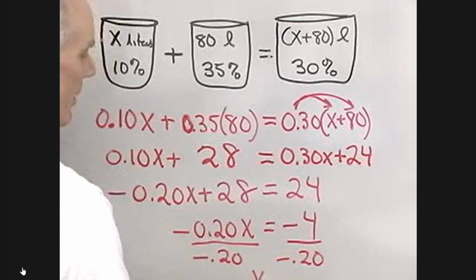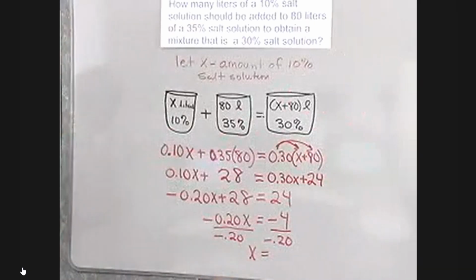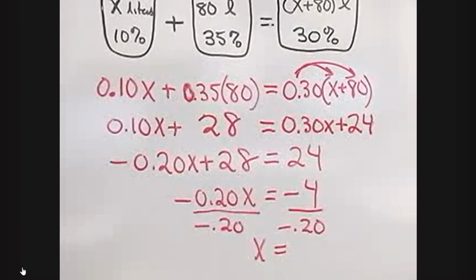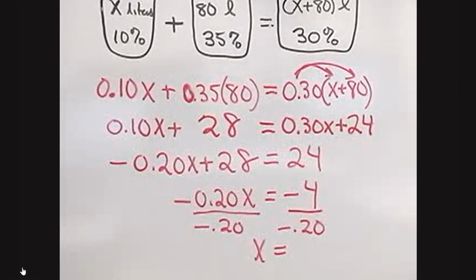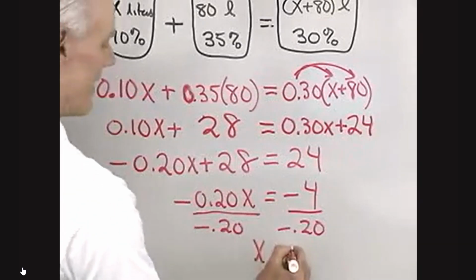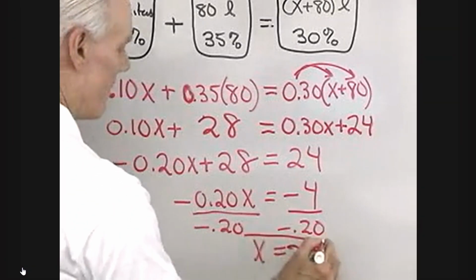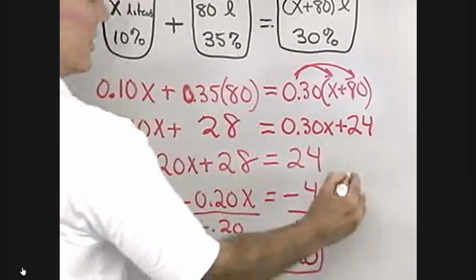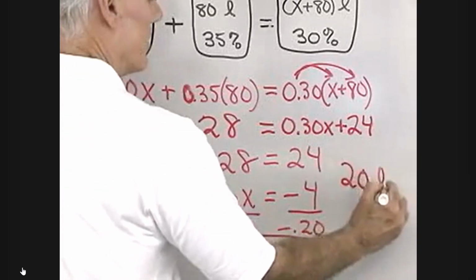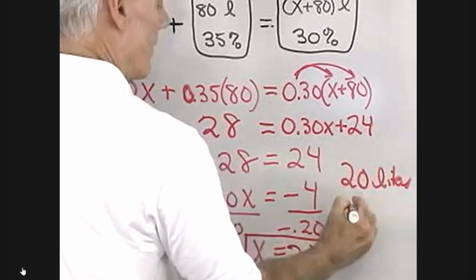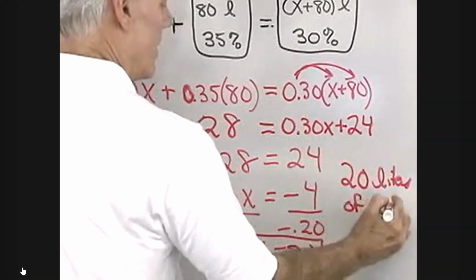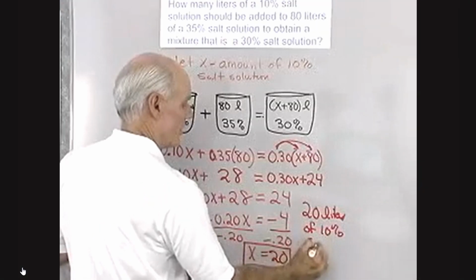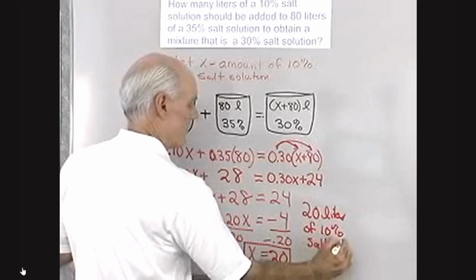And I'll end up with x is equal to 0.4 divided by 0.2, which comes out to be exactly 20. So the answer to this problem is 20 liters of 10% salt solution.